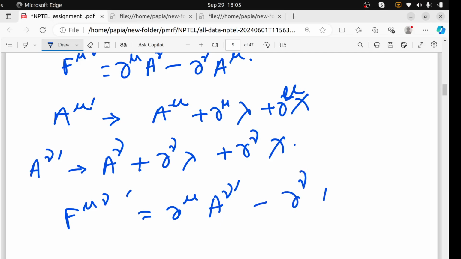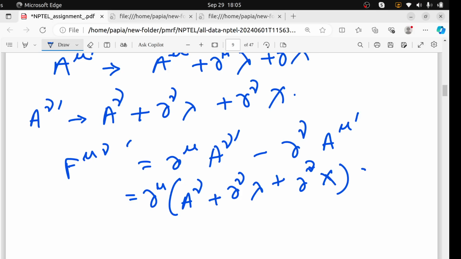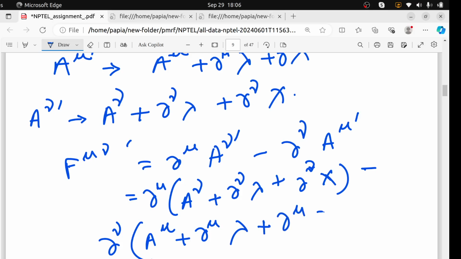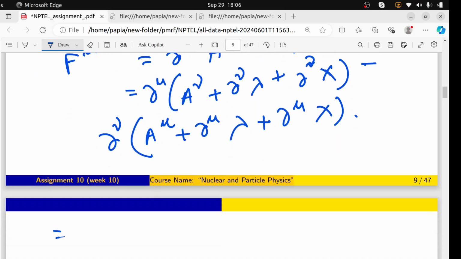If I put the values here, you can see del mu is there, then A nu plus del nu lambda plus del nu chi, minus del nu into A mu, and A mu means the same thing with the indices changed.